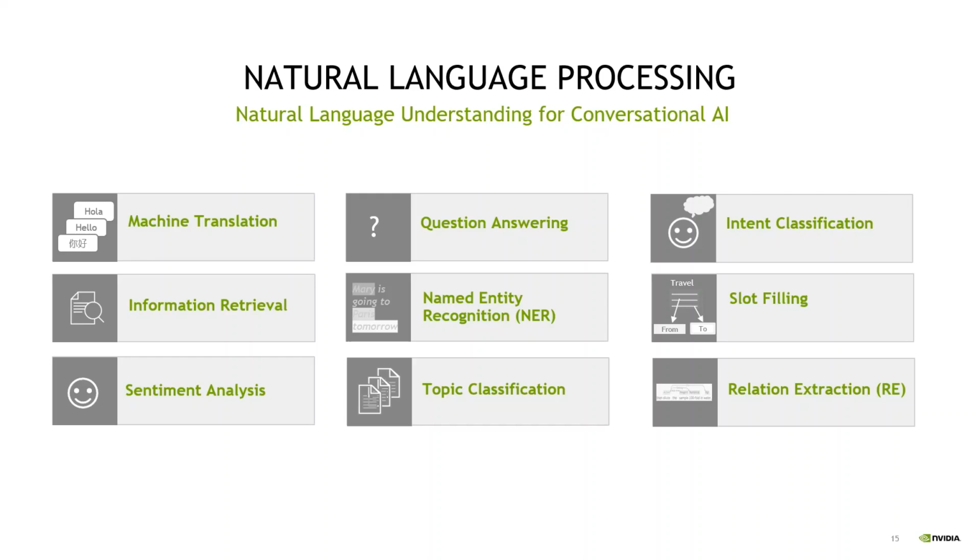There are several tasks involved in conversational AI pipelines, such as machine translation, information retrieval, topic or intent classification, sentiment analysis, and more. Today, state-of-the-art deep learning NLP models are based on transformer layers. This allows us to achieve accurate results in many tasks. So let's see what the main components of modern NLP are in the next slides.